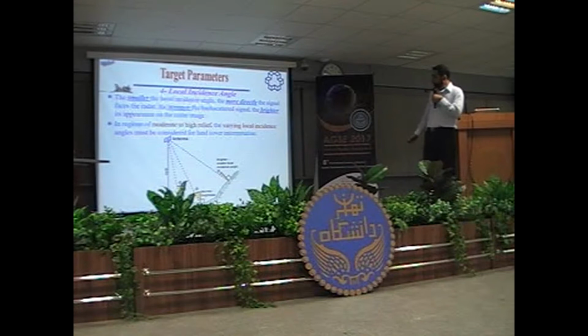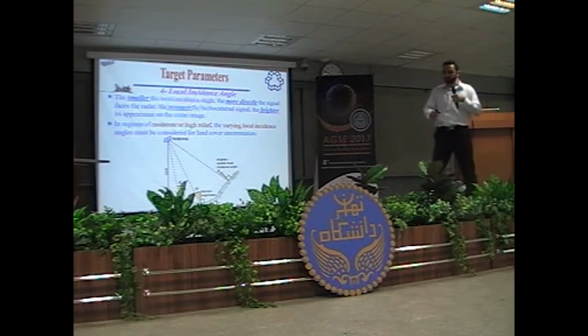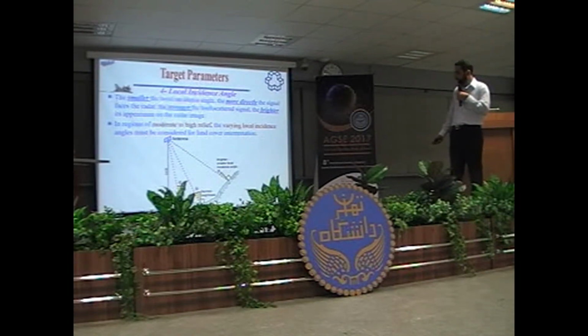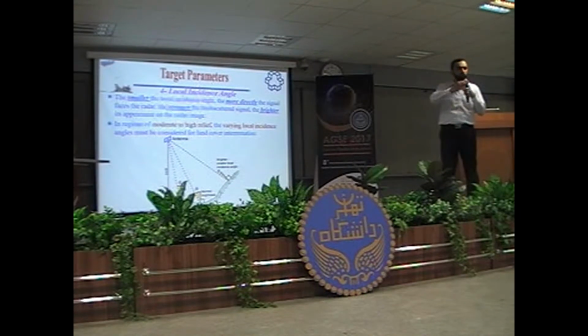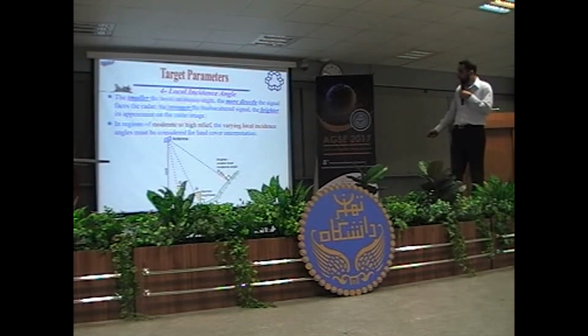And the last parameter here is the local incidence angle. I told you the local incidence angle is a parameter of the target. So depending on the slope, we can have different amounts of local incidence angle. But the thing that I want to mention here is that the lower the local incidence angle, the higher the amount of backscatter.